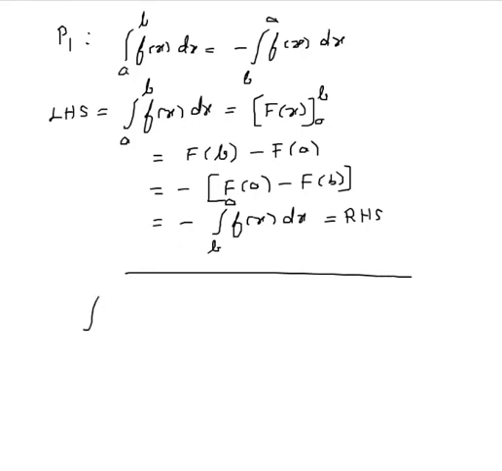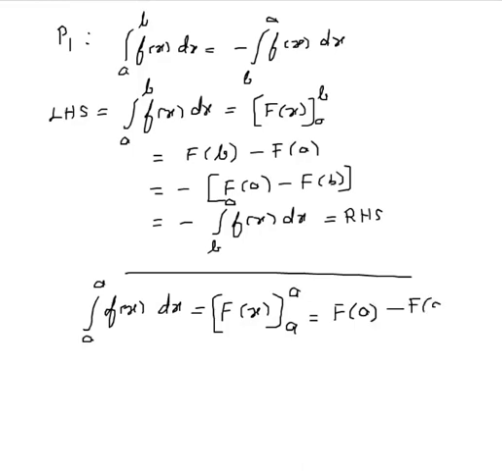And in particular, if the limits are a to a f of x dx, say, let the answer be capital F of x and the limits are a to a, upper limit minus lower limit. Therefore, the answer becomes 0.